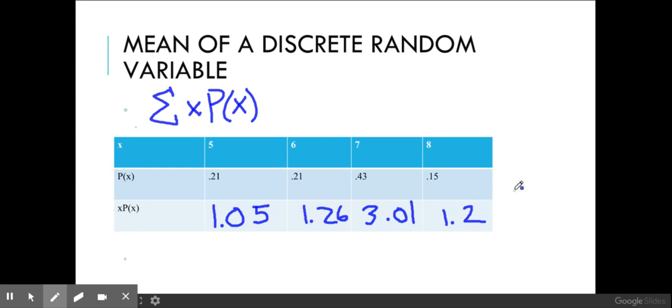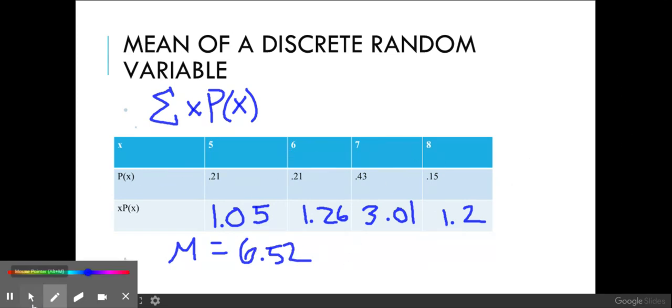So now this E means we have to add them all up. So the mean would equal 1.05 plus 1.26 plus 3.01 plus 1.2, which equals 6.52. And that would be the mean of this discrete random variable.